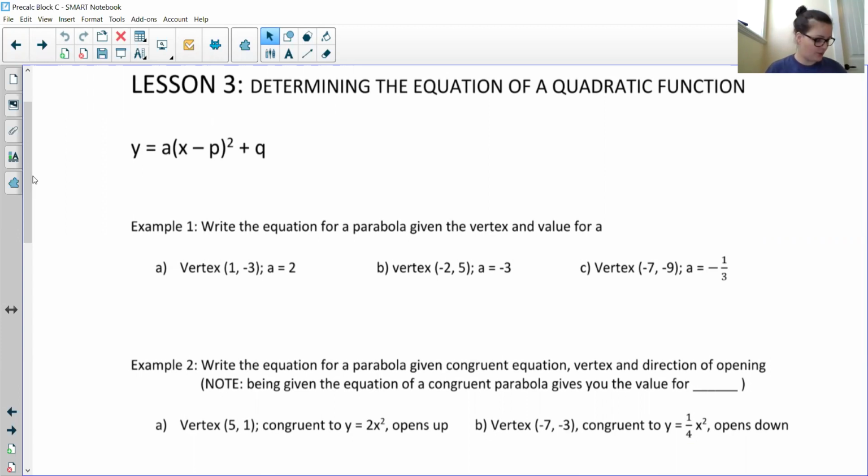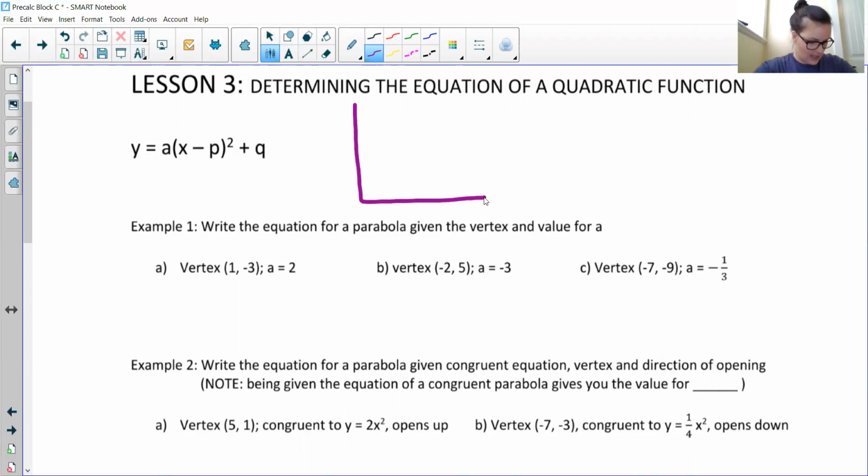If you were to be given a parabola like this, and you knew that its vertex happened when x was 3 and y was 2, you know a bunch of information already about that quadratic function.